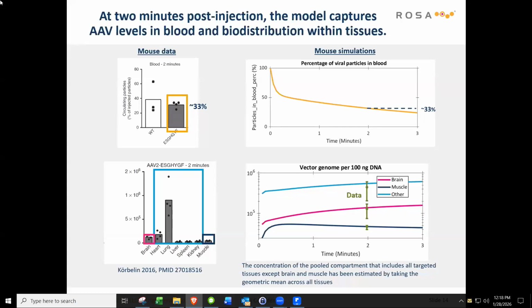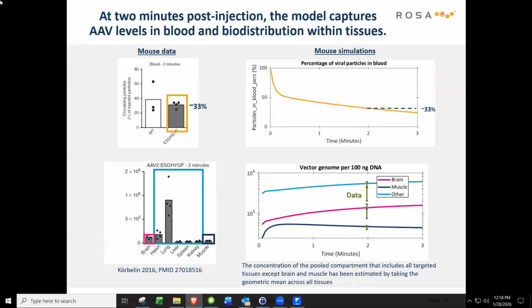At the bottom, we see the AAV concentration in different tissues. In pink, we have brain. In light blue, we have the peripheral tissues. In dark blue, we have muscle. Those colors correspond to our simulations on the right. We represented the data in green at 2 minutes.